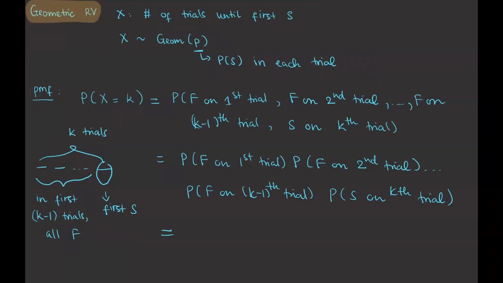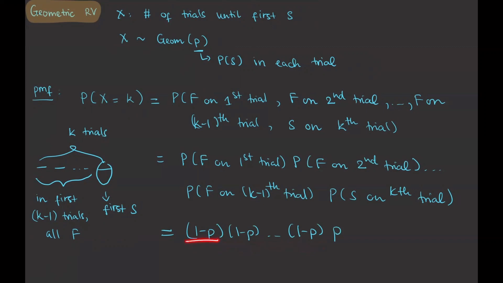What is the probability of failure on the first trial? We know that P is the probability of success in each trial, which means 1 minus P is the probability of failure in each trial. So I have 1 minus P together, and then the last trial is success, so it is P. And how many 1 minus P do we have?